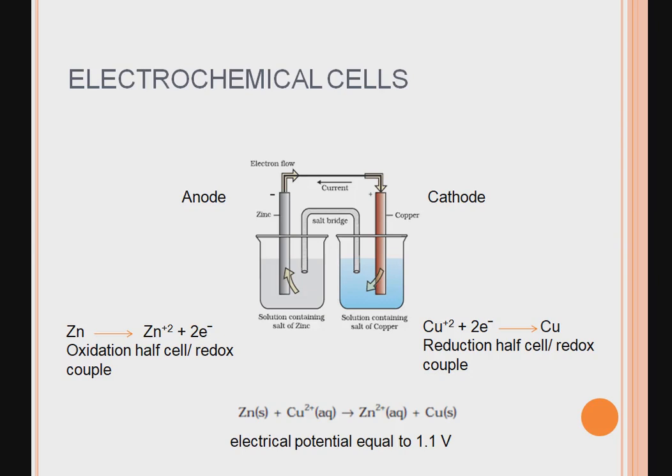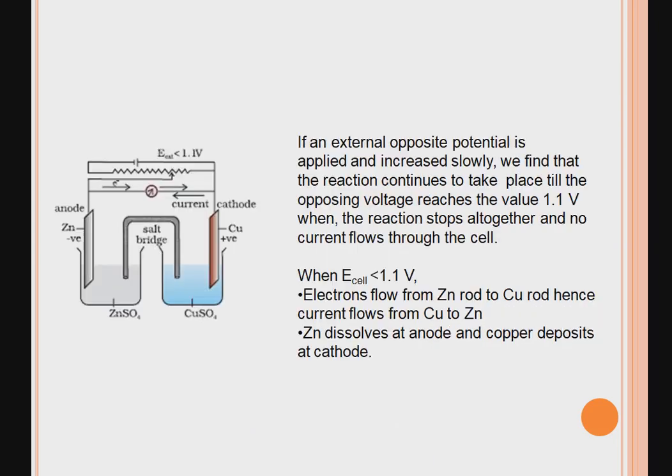Now let us do some modification in this standard cell. In the same cell now, we have applied an external opposite potential. The value of that external potential we are slowly increasing till the opposing voltage reaches the value of 1.1 volts.